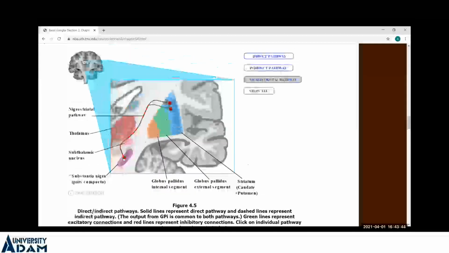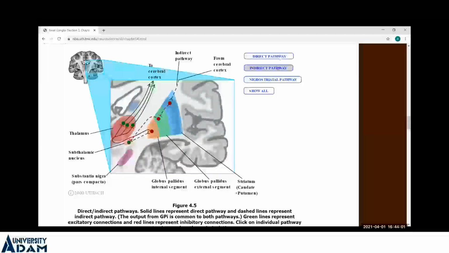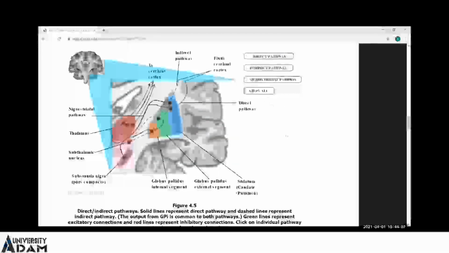It was drawn with red and green lines. That means it has both inhibitory and excitatory actions on the striatum, caudate and putamen. Okay, so indirect pathway, direct pathway, and nigrostriatal pathway. These pathways, guys, are all mixed.